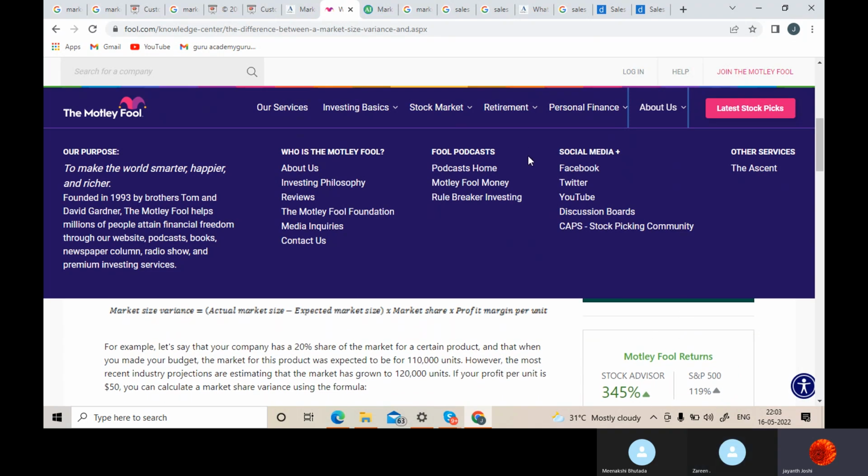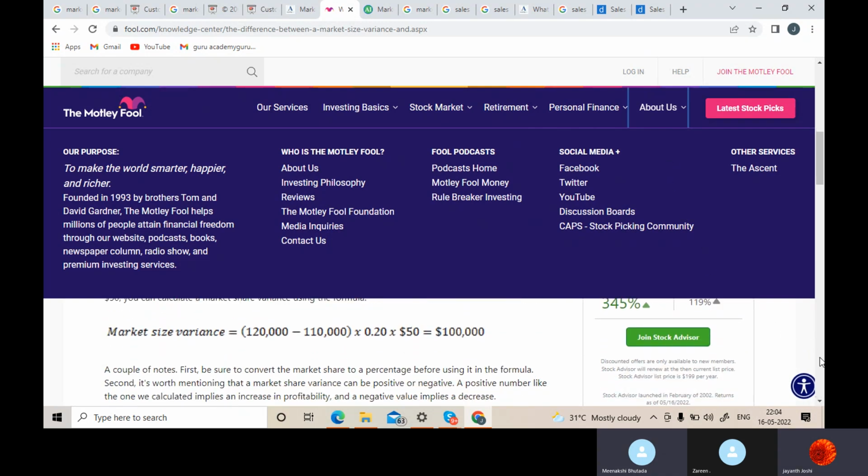Somewhat, some figures changed here and there. The answer is 1 lakh. Market size variance.